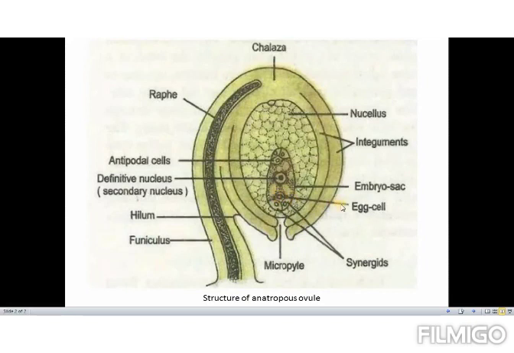And this egg cell, afterwards it gets fused with the male gamete and forms the diploid zygote. So this was all about the structure of the anatropous ovule. Thank you.